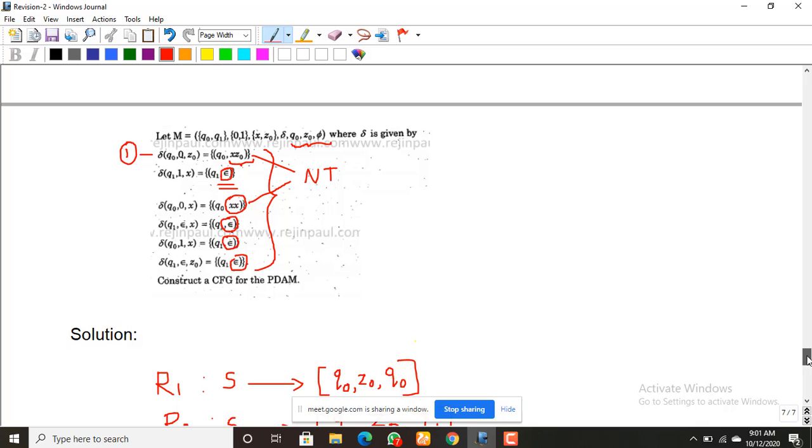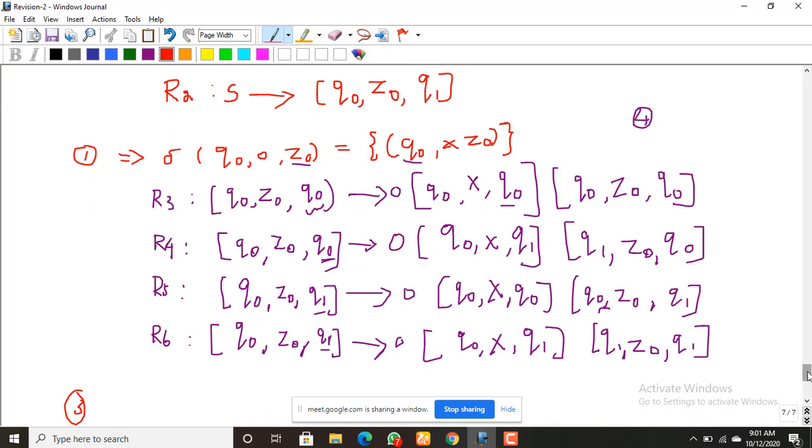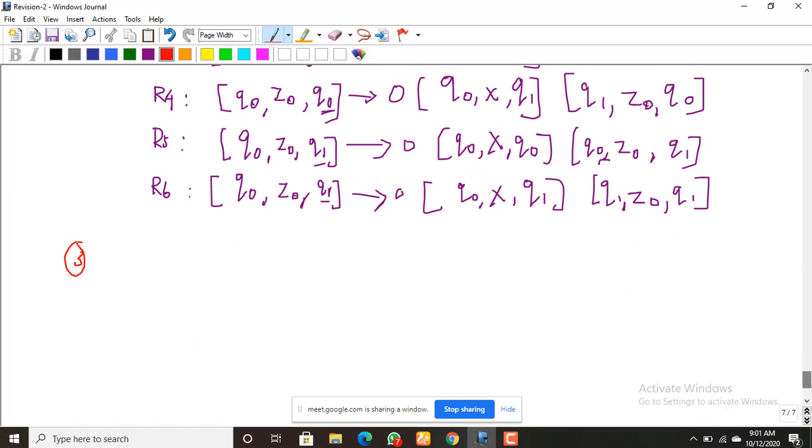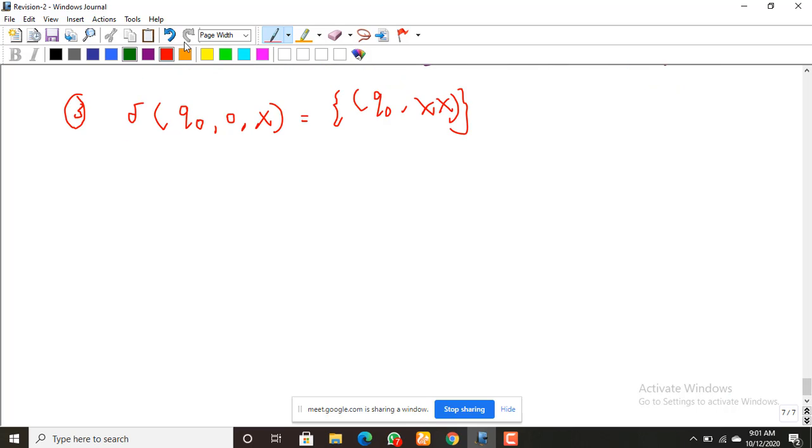Delta of Q0, 0, X goes to Q0, XX. So again 4 production rules are possible.